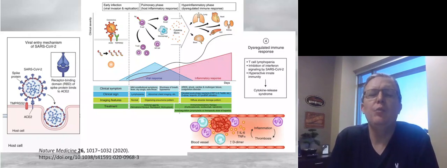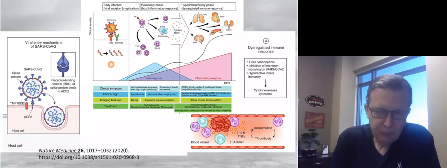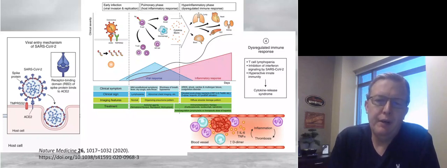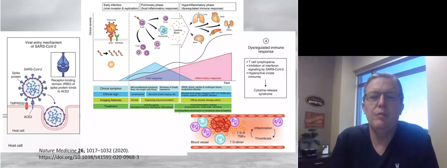Now, the pulmonary phase is when the virus, and you notice the blue triangle there, is showing that viral replication is increasing, and it kind of peaks there. That's at about somewhere between 1 to 14 days is the time frame, of course, varying a little bit from individual to individual.